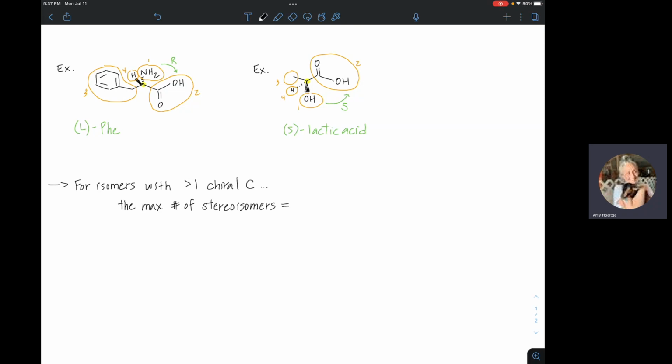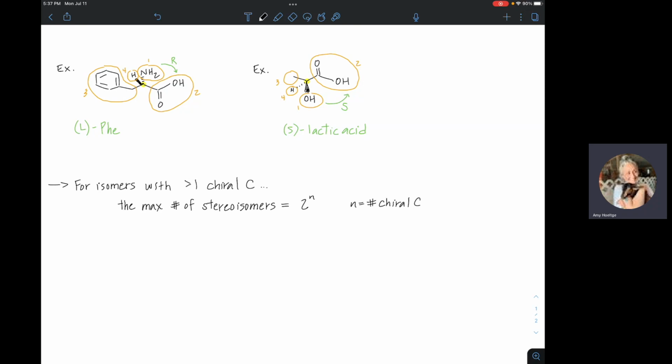The word maximum means that it's the most you can get. It doesn't mean it's the amount you will get. And I'm going to give you an example of why you might not get the maximum number. The maximum number of stereoisomers for any molecule with greater than one stereocenter or greater than one chiral carbon is going to be equal to 2 raised to the n power, where n is going to be equal to the number of chiral carbons.